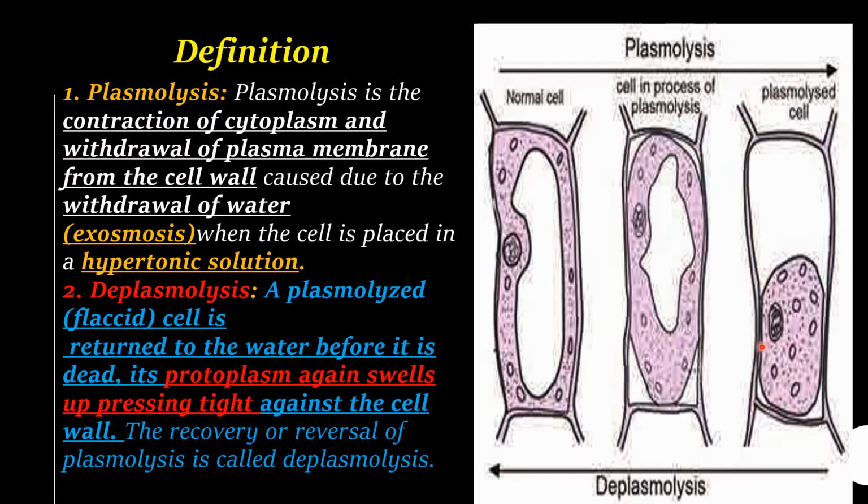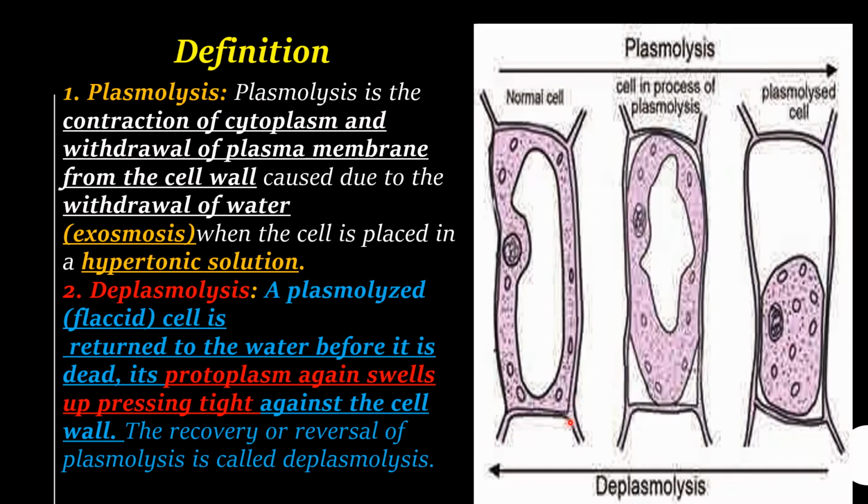Before it is dead, its protoplasm again swells up, pressing tight against the cell wall. Here, when a flaccid cell is placed in hypotonic solution before it is dead, what type of osmosis will occur? Endosmosis will occur. Then the cell is again turgid.